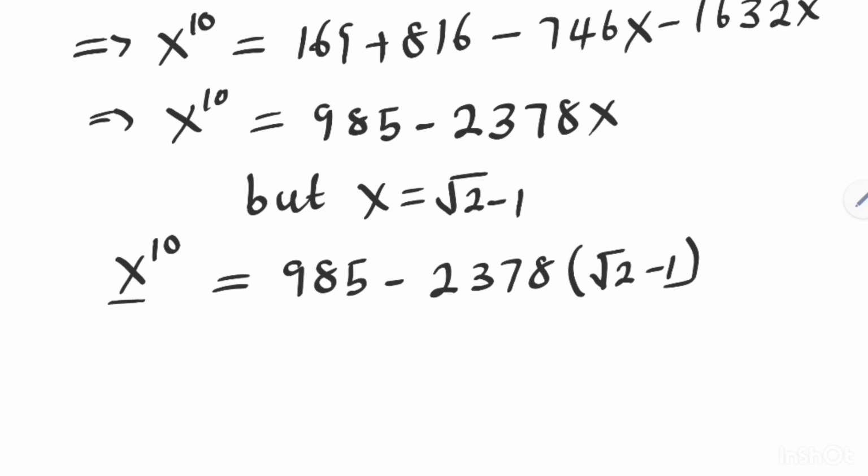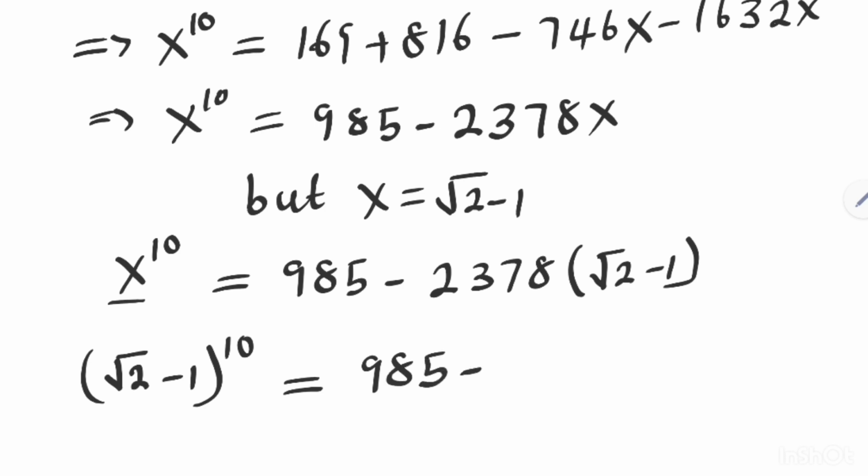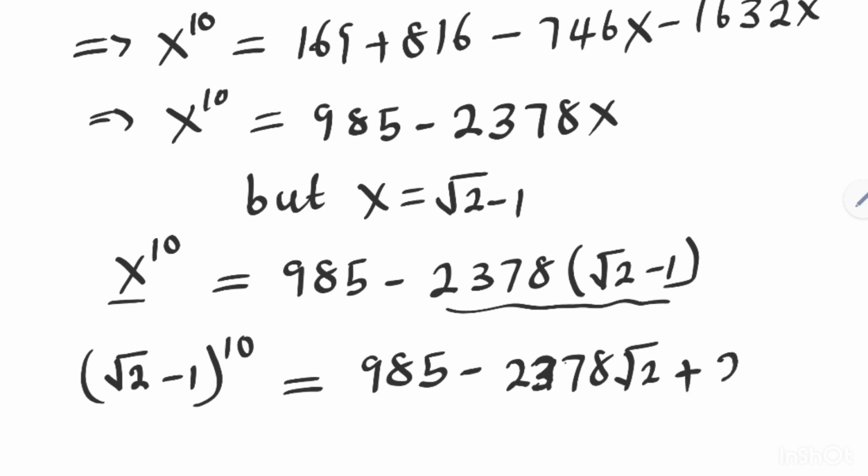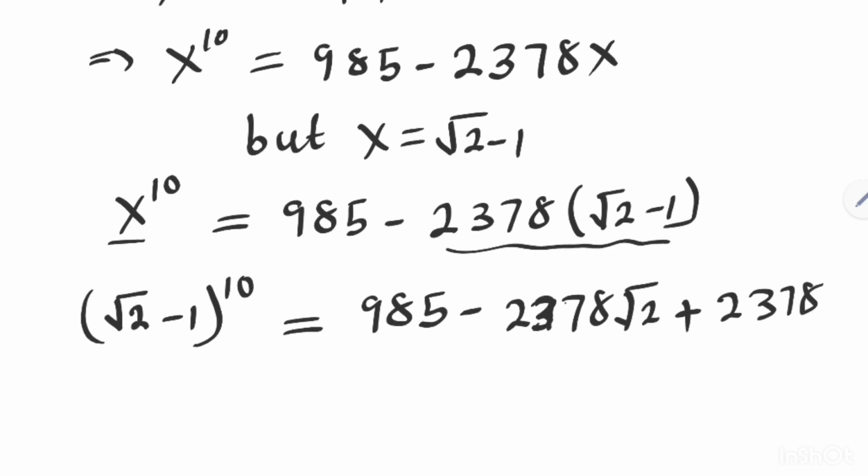And this will be root 2 minus 1 raised to power 10 is equal to 985 minus, let's open this bracket, 2378 root 2, minus times minus 1, that is plus 2378.